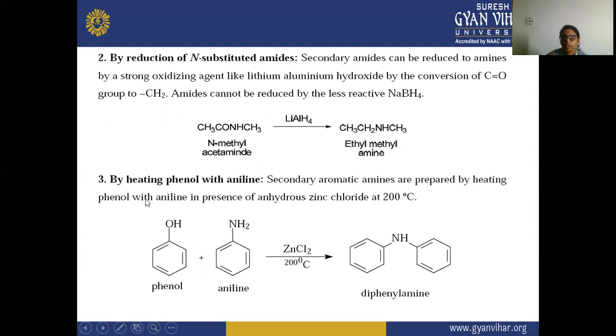Now in the third reaction, we are heating phenol with aniline and there is the formation of a secondary amine.